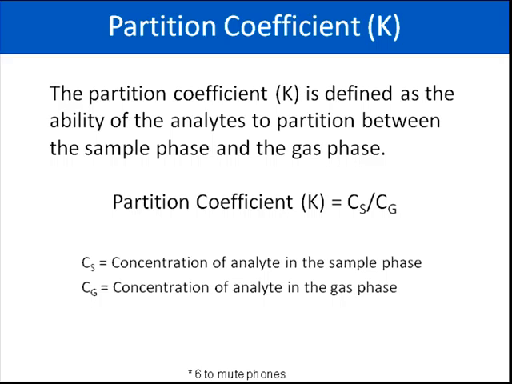We define the partition coefficient as the ability of the analytes to partition between the sample phase and the gas phase. So basically the concentration in the sample divided by the concentration in the gas phase is going to give us our partition coefficient. In layman's terms, what we want to know is how easy is it for those analytes to migrate out of the sample matrix and get into the gas phase for analysis.